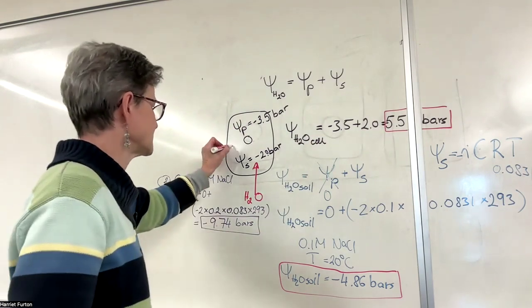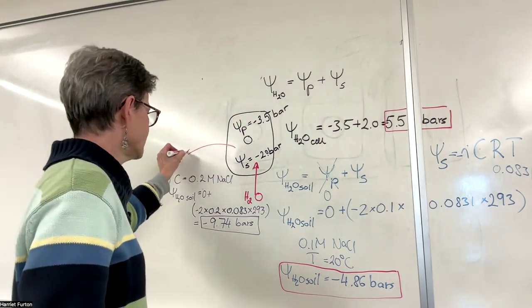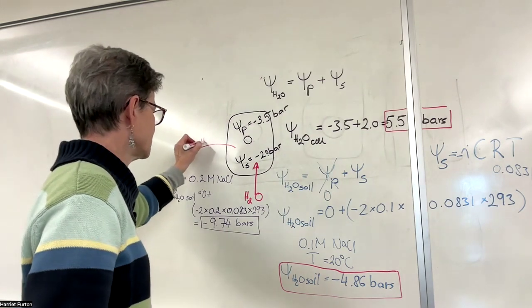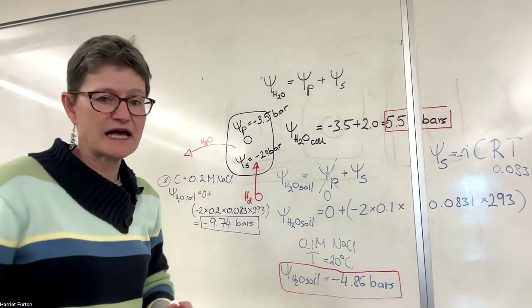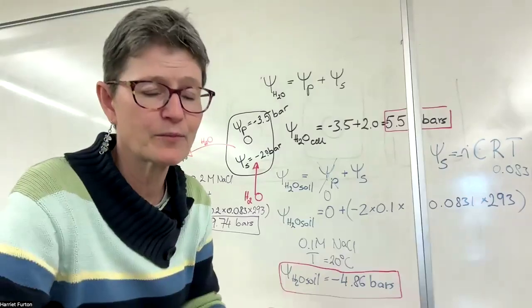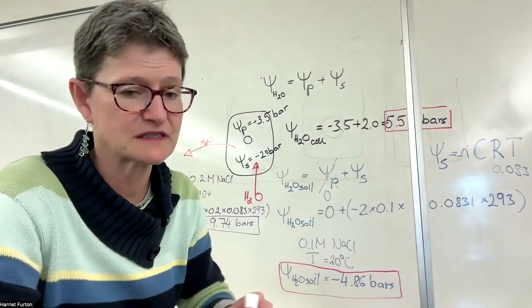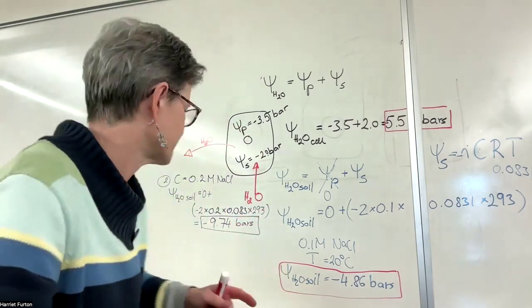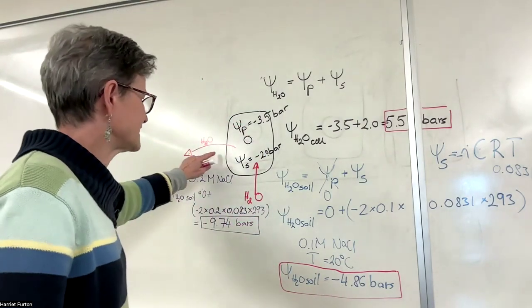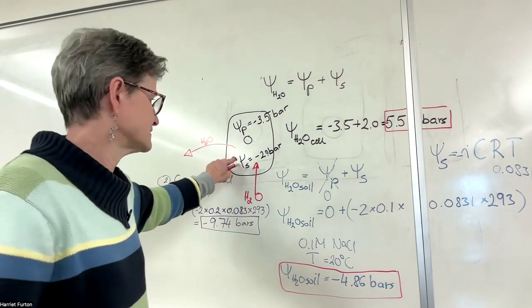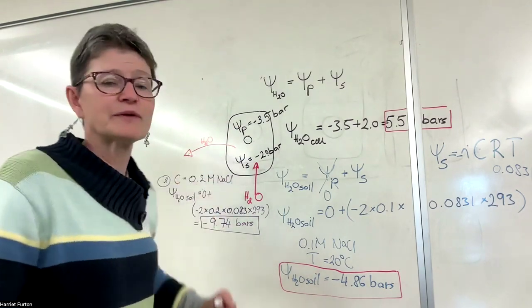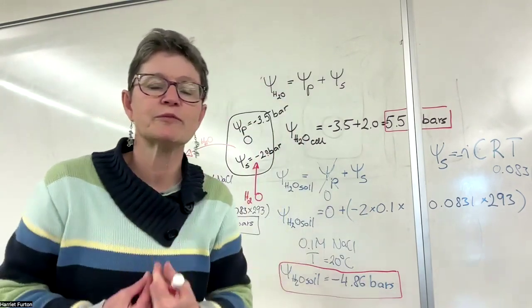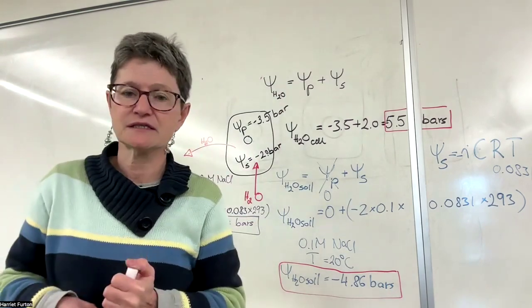So for that scenario, the water leaves the root cell. Water will be very important for photosynthesis. Later on, we will learn about that. Water is super important for that. So in this case, that plant would die because it will not be able to absorb water into its roots.